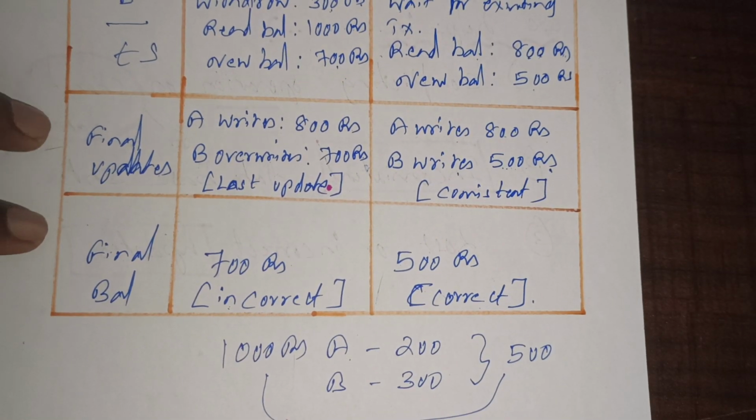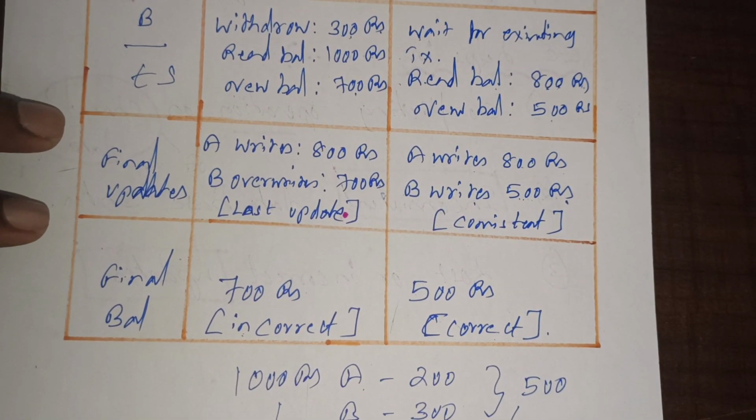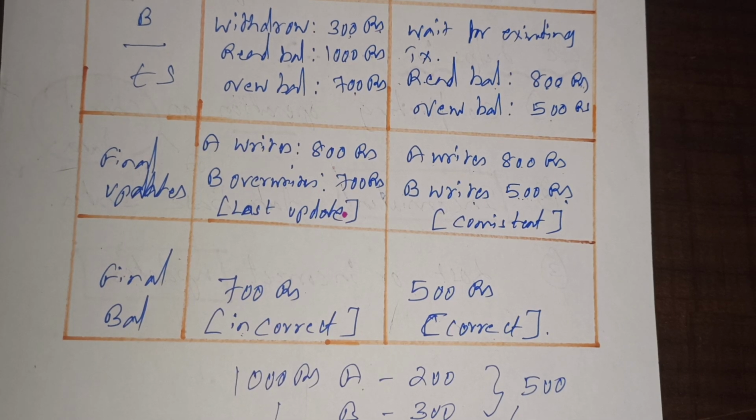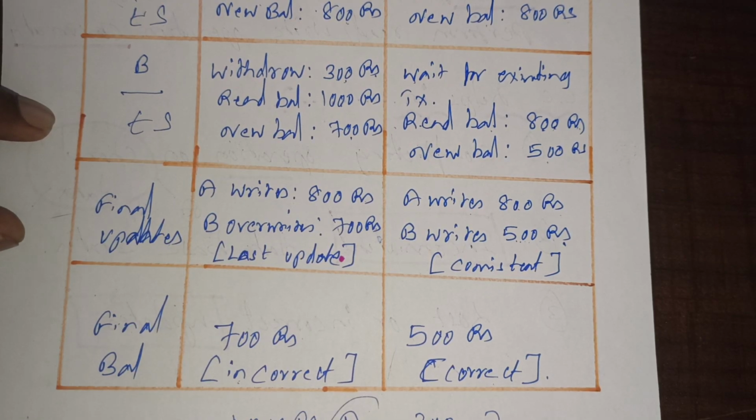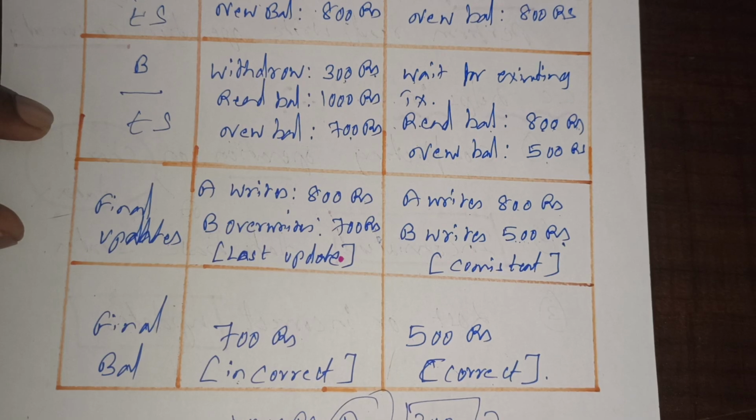So what is the need for concurrency control? It maintains the data consistency and accuracy in multiple user environments. This is A, this is B. You can see the multiple user environments. It avoids problems such as dirty reads, lost updates and inconsistent reads.